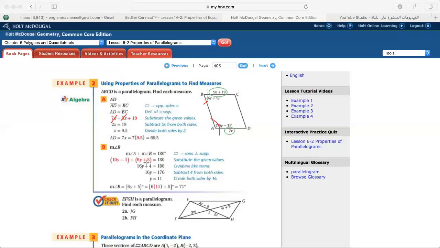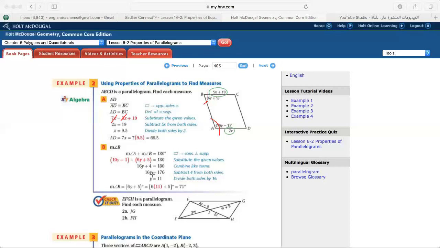Okay, B. Every two consecutive angles are supplementary, equal to 180. So 10y minus 1 plus 6y plus 5 is equal to 180. I'm going to collect the like terms together, which is 10y and 6y equal to 16y. Negative 1 and positive 5 is positive 4. So I will subtract 4 from both sides to cancel this 4.